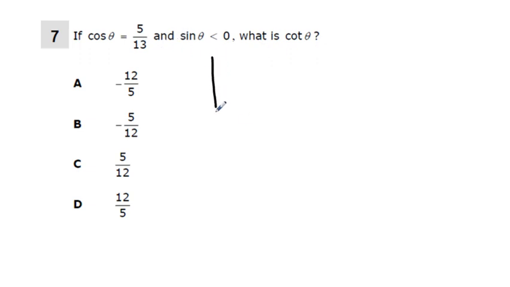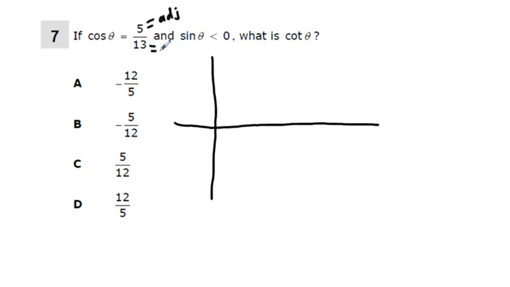Well, cosine is going to be adjacent over hypotenuse. So we can come over here and say adjacent is 5, to the right, and hypotenuse is 13.